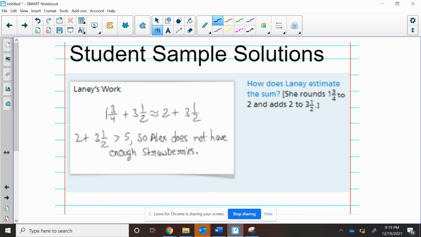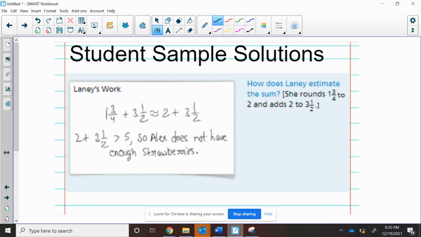Okay, this is Lainey's work. So how does Lainey estimate the sum? So she said 1 3/4 plus 3.5 equals 2 plus 3.5. So she did what Mrs. Severn did. She said that equals about 5. So Alex does not have enough strawberries. So she did exactly what I did.